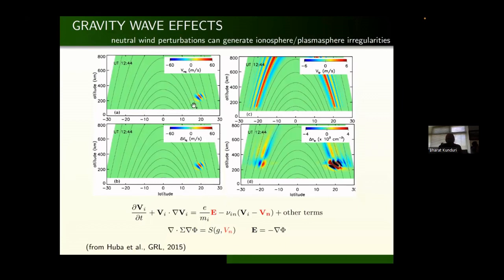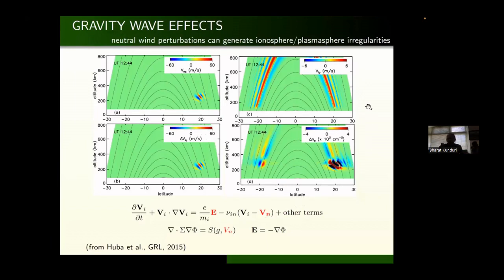In the upper left here, the color is the neutral wind that's been modified by the blast wave, so to speak, where red and blue is up and down the field line. And then on the bottom left is the ion velocity, and they pretty much match one-to-one. It shows this ion-neutral coupling term down here is so strong that when the neutrals move, they just take the ions with them.